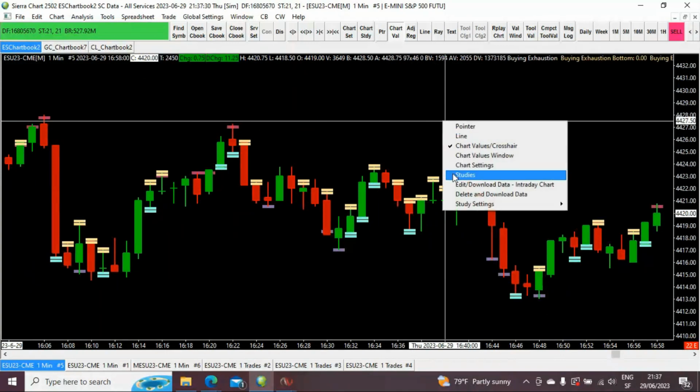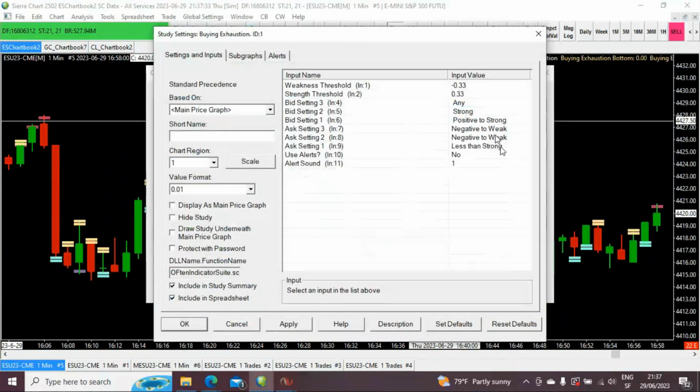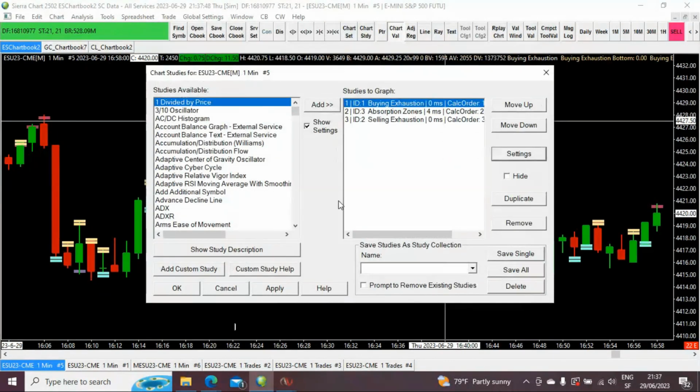You'll see in the settings that there's a number of things you could say. It's strong at this level, it's positive to strong, so not quite as strong, or negative to weak, and so on. So you can define these characteristics of the price levels at both the top and bottom levels to give you a good indication about exhaustion or absorption.